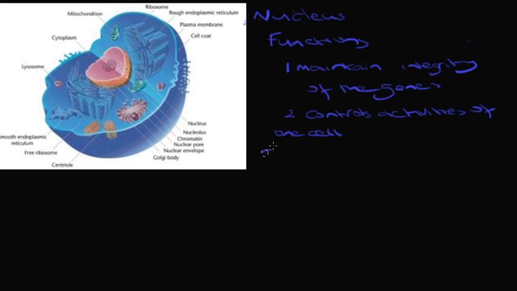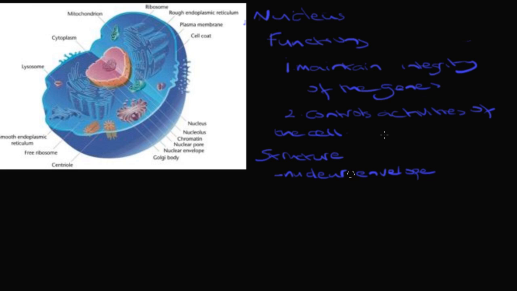So what's the structure of the nucleus? Well, there's a number of structures in the nucleus that we need to consider. First of all is the nuclear envelope. So the nuclear envelope is what's surrounding the nucleus.